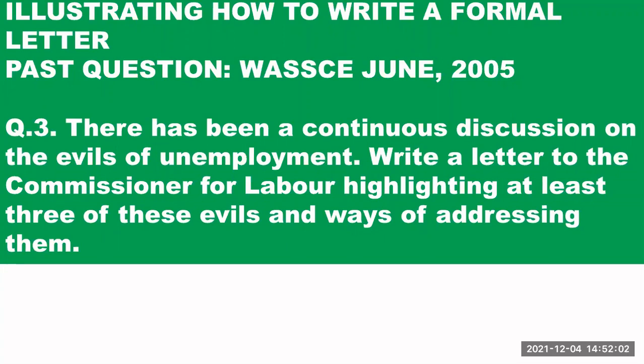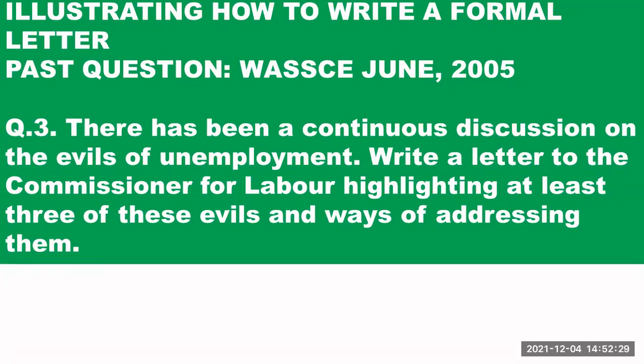So it's good for you to prepare to learn how to write a formal letter, whether you are in the junior school or in the senior school. So that's really very important. And that's why we are discussing this in this lesson. Now, question number 3, 2005: there has been a continual discussion on the evils of unemployment.